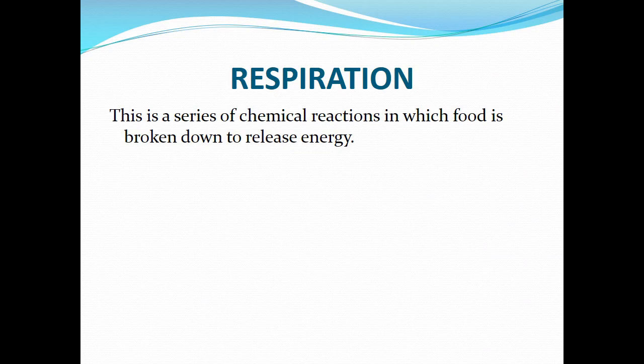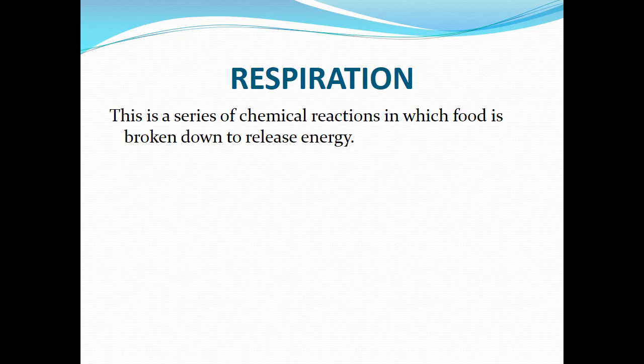Activity number 2, respiration. This is a series of chemical reactions in which food is broken down to release energy. Remember in our last class we said respiration is divided into 2 parts. The first part is the external, which is the breathing. The second part is the internal, which is the breaking down of complex food substances by the oxygen of the air to release energy.